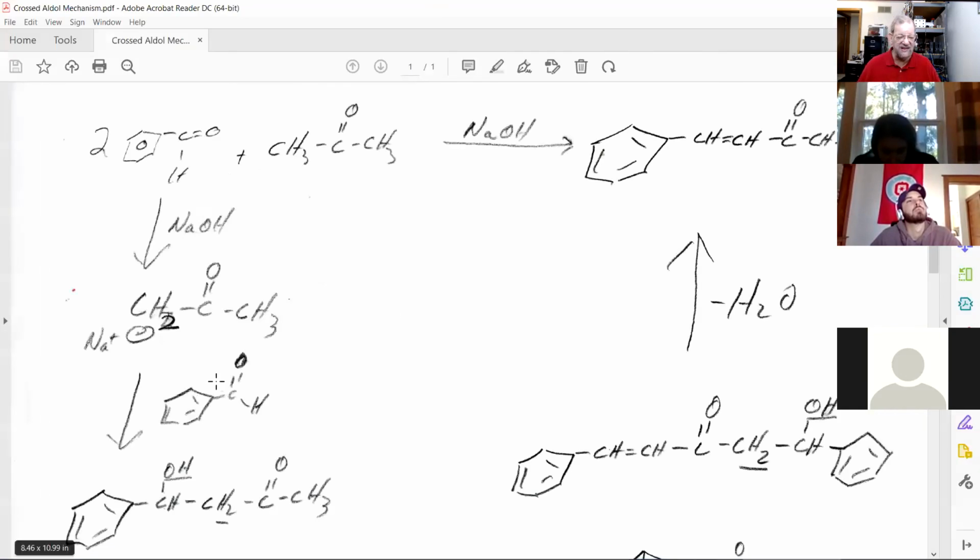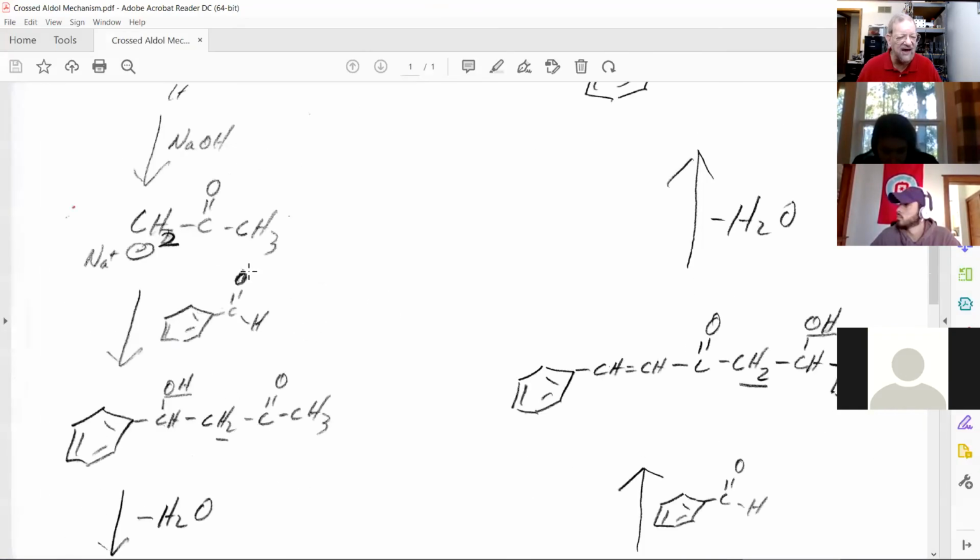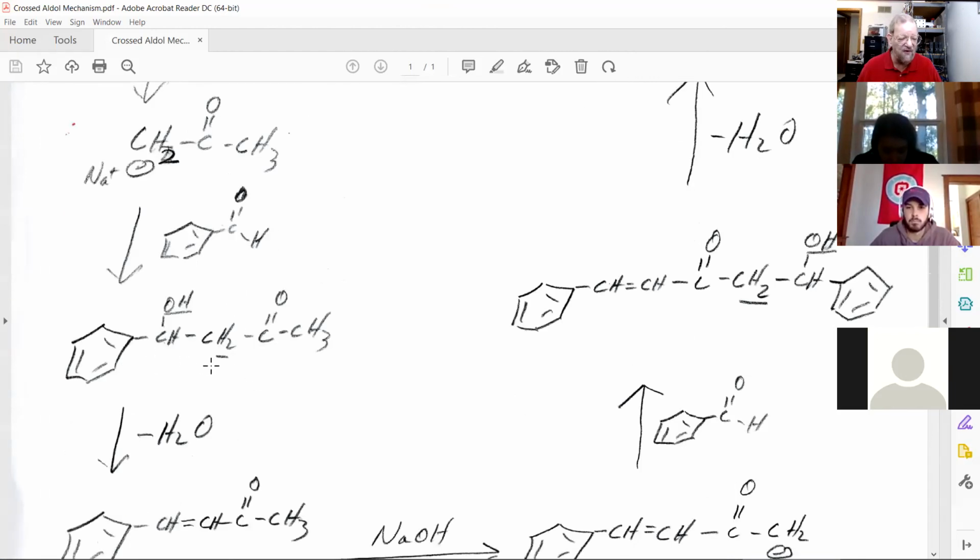So you form the enolate anion, and then this attacks the carbonyl right here, the benzaldehyde, to form this molecule right here. Now, one thing I haven't taught you in lecture, but I'll teach you now, is whenever you can have conjugation, alternating double, single, double, single, double, single bonds in a molecule, that makes it very stable.